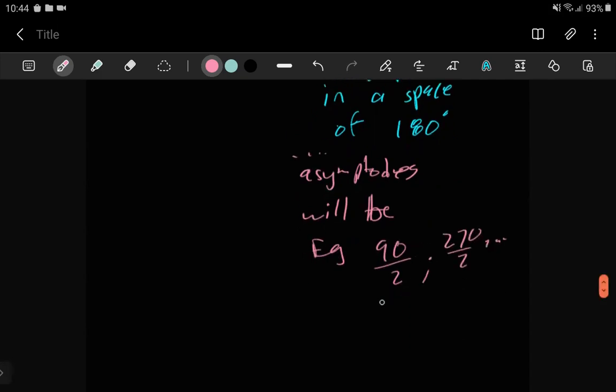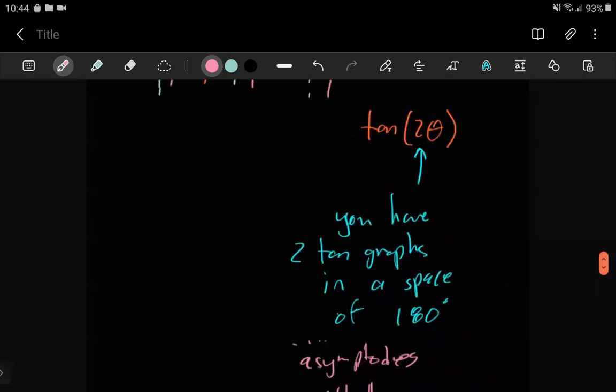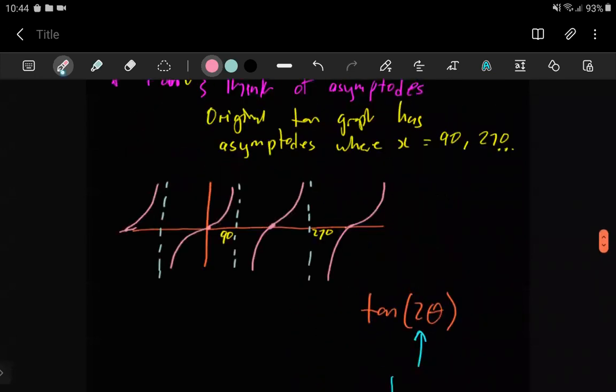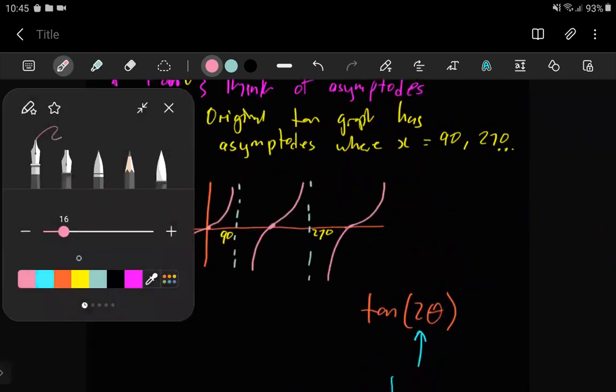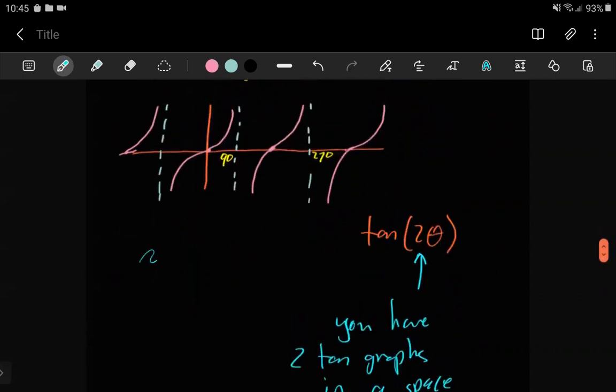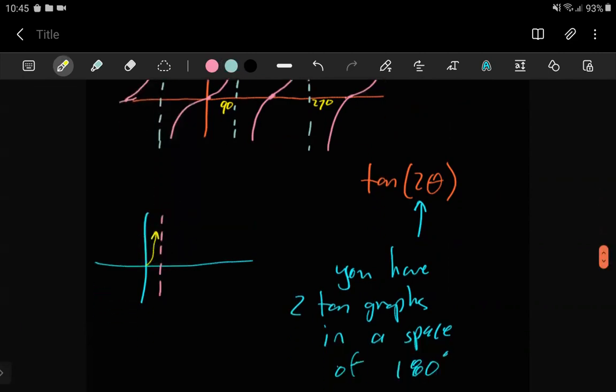So your new asymptote will be at 45 and at 135, going on and on, if your graph was not moved to the left or to the right or anything like that. If you draw it in a Cartesian plane, in a space of 45 degrees you'll have half a graph, and then in a space of 90 you'll see a full graph.